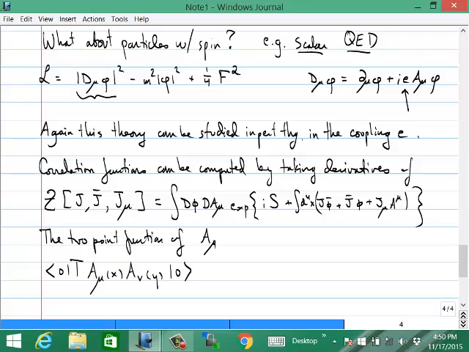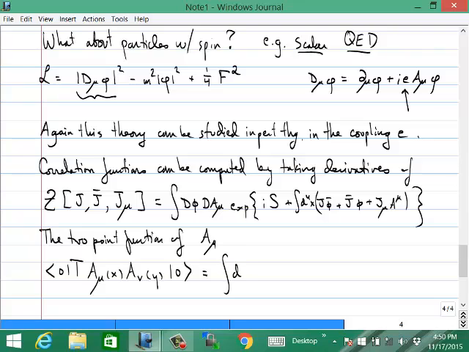Unlike the scalar field, which had no indices, we now have these two mu and nu indices that arise when we take the two-point function of the vector field A. So really, you should think of this two-point function as a set of 16 quantities labeled by those two indices mu and nu.